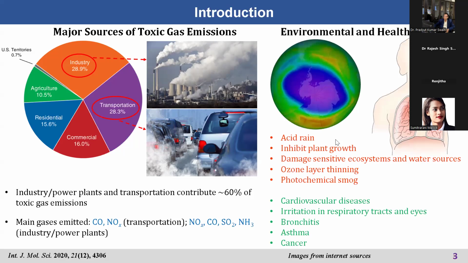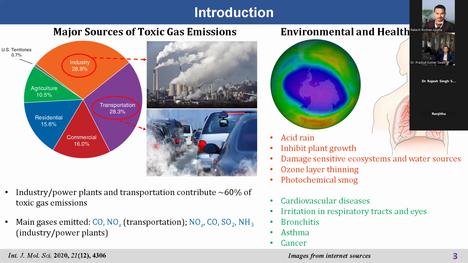Okay, if you see this slide, what is the effect of these gases on the environment? Environmentally, they produce acid rain, inhibit plant growth, damage ecosystems, cause thinning of the ozone layer, and cause photochemical smog.